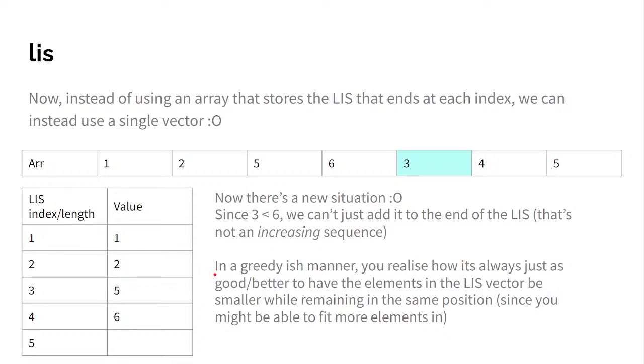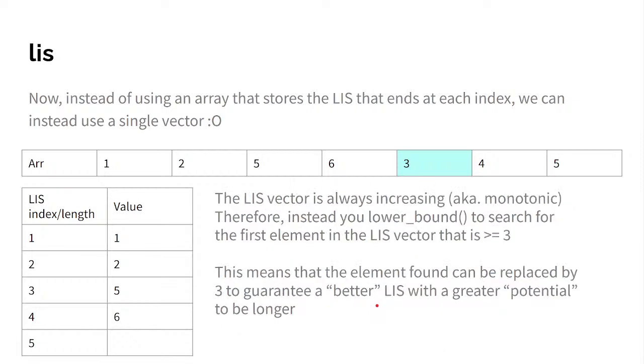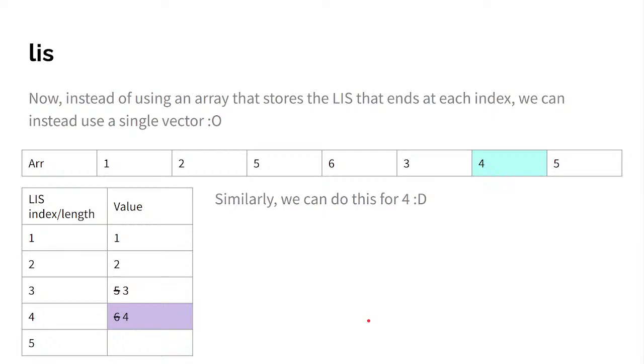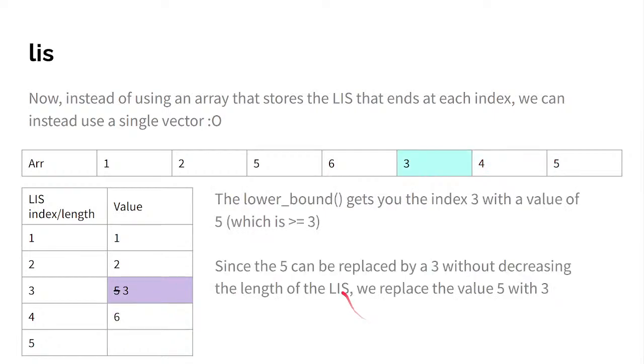By not replacing the 2, you are giving it a better potential for the list to be longer. So you can make it 3. But for 4, you now have 1, 2, 3, 6.